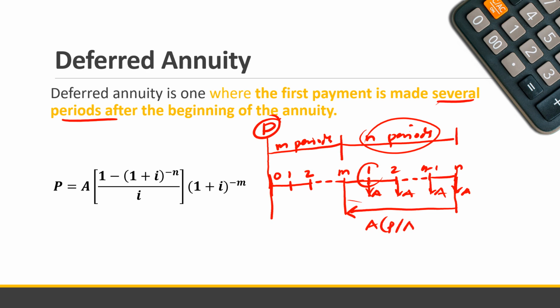So finding P given A, I, and N periods, and pag meron ka nang value dito, i-move mo naman siya hanggang doon sa 0 of the M period. So this is simply multiplying the previous equation with, so this is A, so yung P given A, I, N, and i-move mo na naman siya for M period.